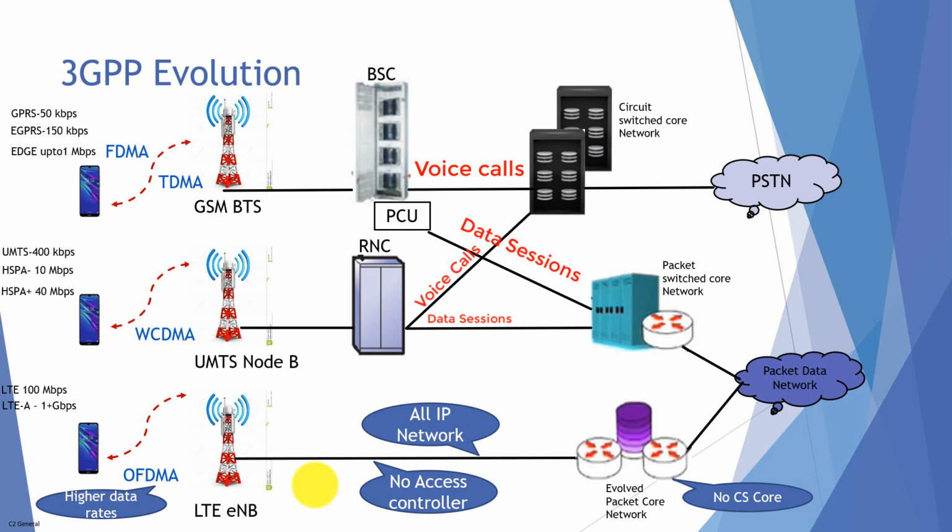Also, the core is totally different than the core in the 2G or the 3G networks. Also, there is no connection with the CS core, accordingly no voice calls or SMS can be handled through the 4G networks except if we make it able to make a CS fallback to the 2G and 3G networks, or attach it to another IMS, IP multimedia subsystem network.